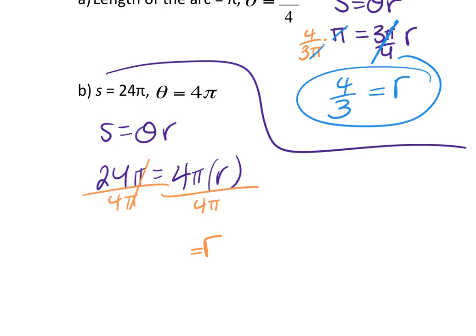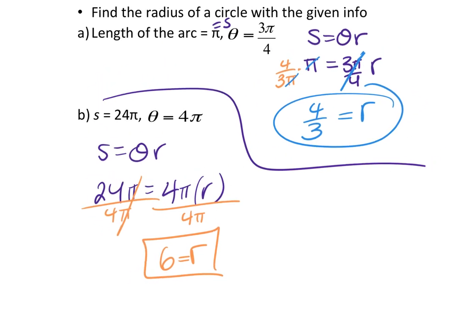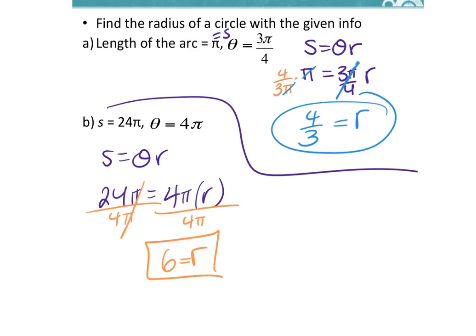R equals, the pi's cancel, and 24 divided by 4 is 6. Questions on these? So it could also give you the radius and the arc length, and you'd be finding theta. Like it could give it to you any two of those three, okay?